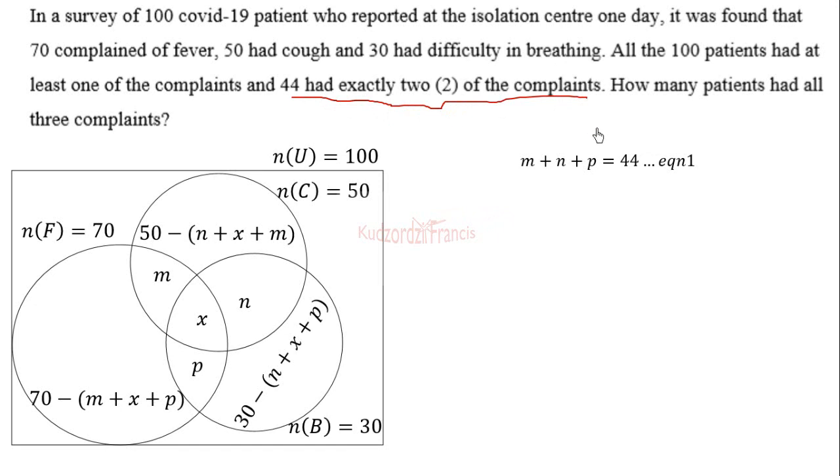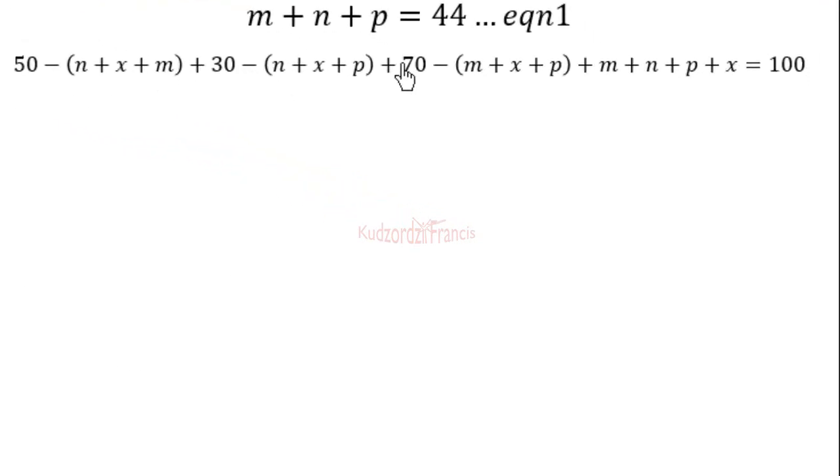So what that means is that if you add this region and this, you get 44. So that is what gives us our first equation. So the next thing we do now is to add all the remaining 7 regions, and that will give us 100. So this is what we have gotten now.